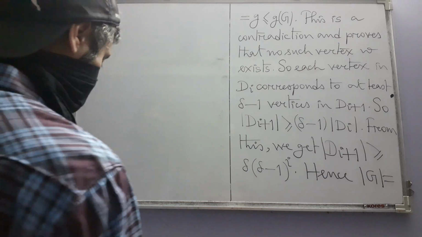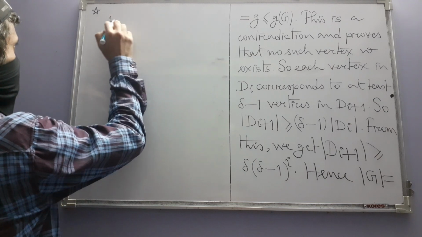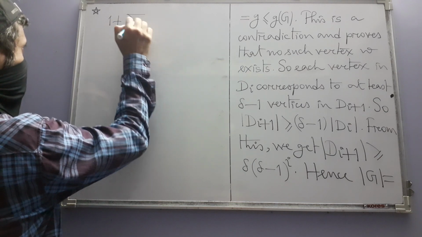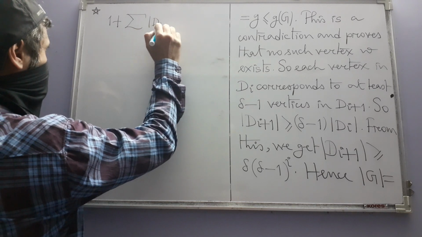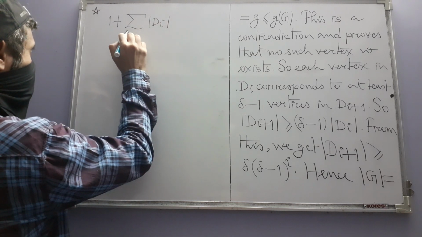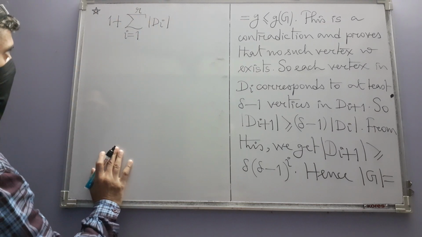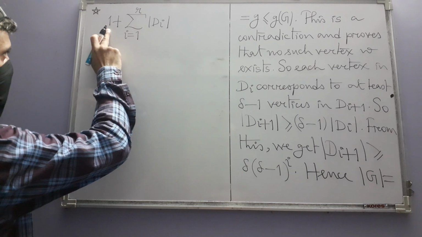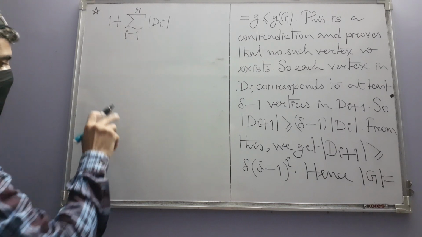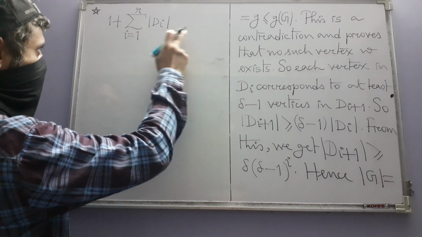Why, that I leave to you to figure out. Hence, this is equal to 1 plus summation of this. Do you understand where this 1 is coming from? This is the size of D_0 plus the sizes of the other D_i's.